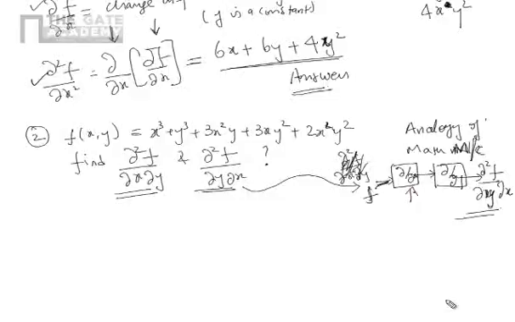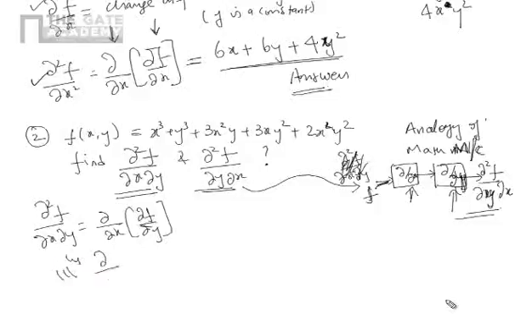First I operate with respect to x, then I operate with respect to y. So ∂²f/∂x∂y is nothing but ∂/∂x of ∂f/∂y. Similarly, ∂/∂y of ∂f/∂x is nothing but ∂²f/∂y∂x. Clear? Okay.